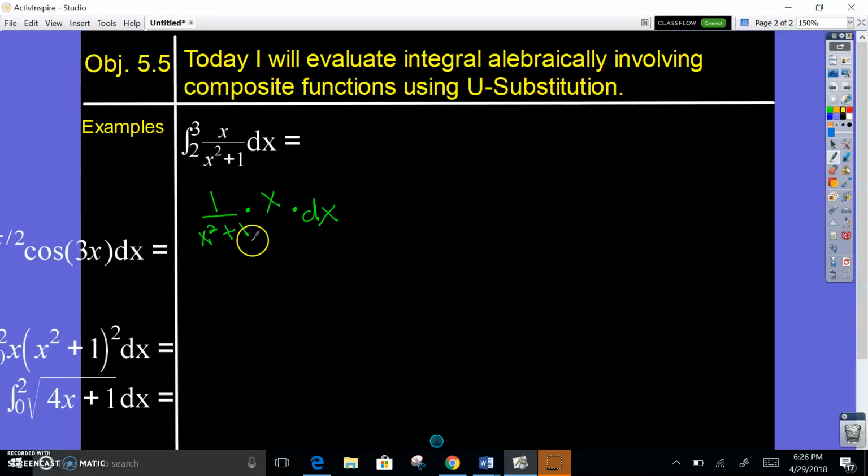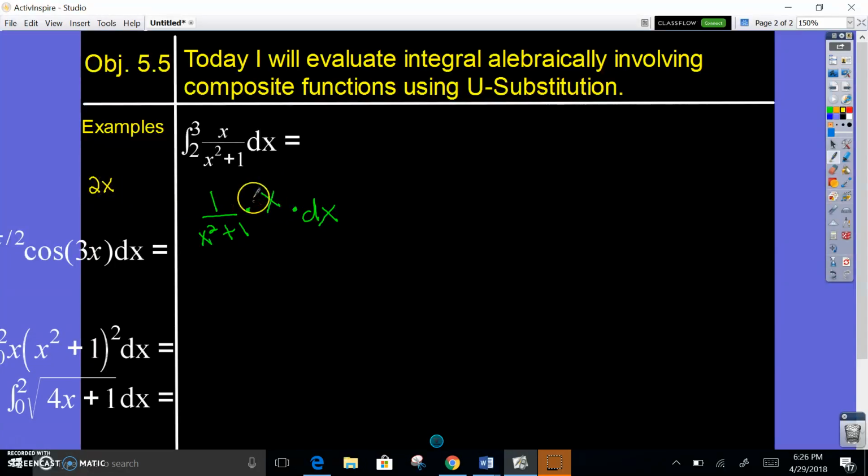But another hint is that you should be able to take the derivative of this function and get that derivative somewhere in this expression. For instance, if I take the derivative of x squared, I'm going to get 2x, plus the derivative of 1 is 0. Now, I don't have a 2x, but I do have an x, and that's what's important. The 2, the coefficient, we can work with that, but I do have an x.